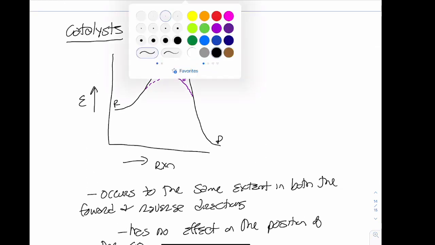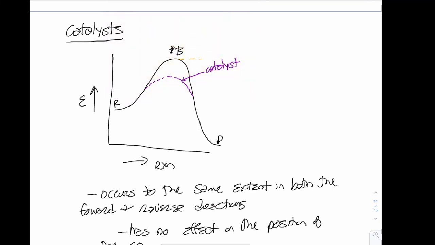Right? We could draw those on there. I know I was just using my pointer before, but if this was the activation energy, the difference here in my reverse direction with the catalyst, that is now my activation energy. So it lowered it in the reverse direction. I know I'm doing reverse first, which is kind of weird. If I look at the forward direction, that was my activation energy.